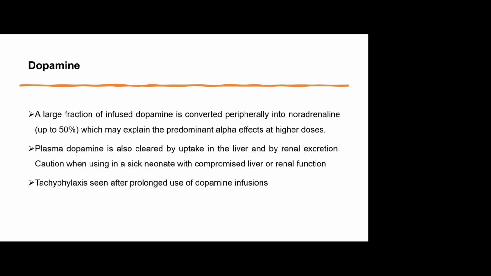Also, about 50% of the dopamine is converted to noradrenaline peripherally. So if you have a patient who has renal or liver impairment, because dopamine is dependent on liver metabolism and renal excretion, you will have a higher level of noradrenaline because up to 50% of it is being converted to noradrenaline. As a result, you will see a predominant vasoconstrictor effect even at a low dose in children who have abnormal liver and renal function.